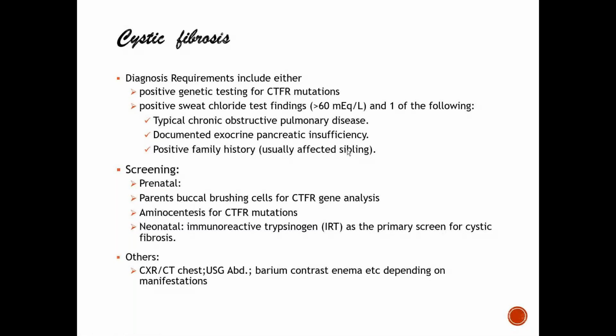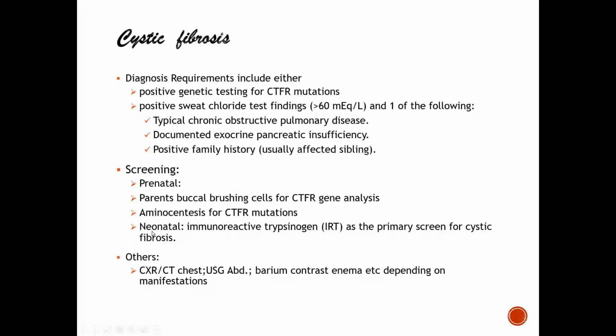A screening is very important in highly suspect families, and here in the prenatal screening, the parents' buccal brushing cells for CFTR gene analysis is a good method of deciding whether the child is going to be affected with CFTR or not. Amniocentesis for CFTR mutations, the amniotic fluid can be taken for analysis. Now, this was prenatal.